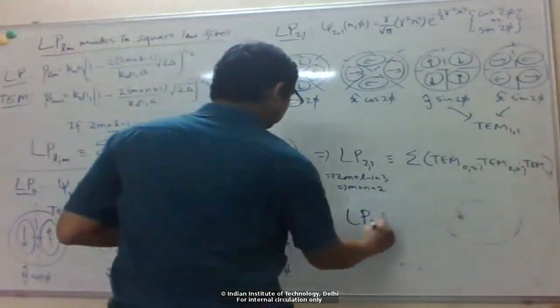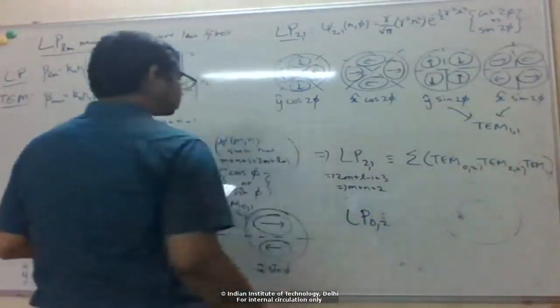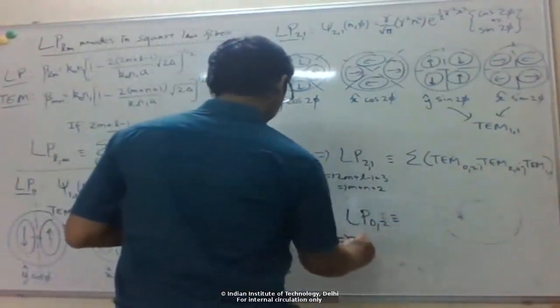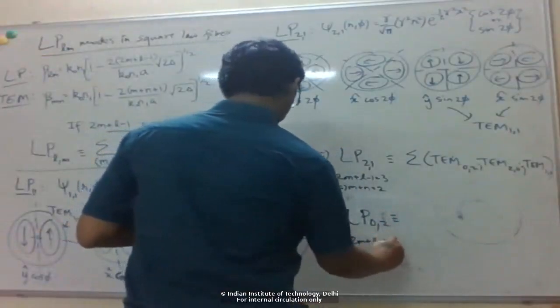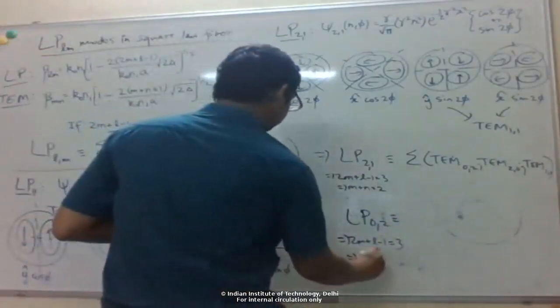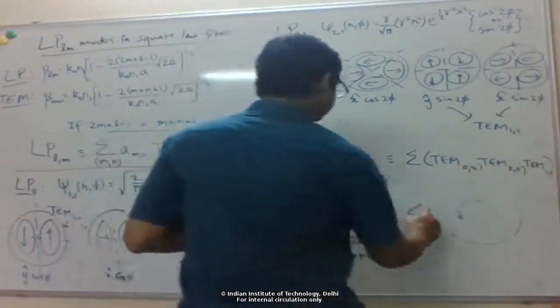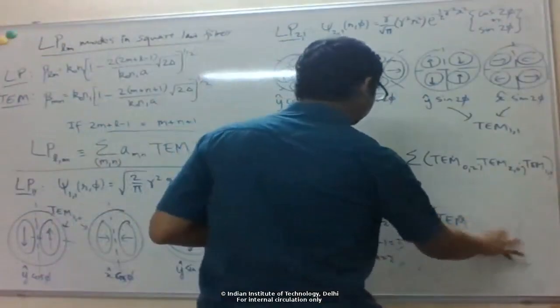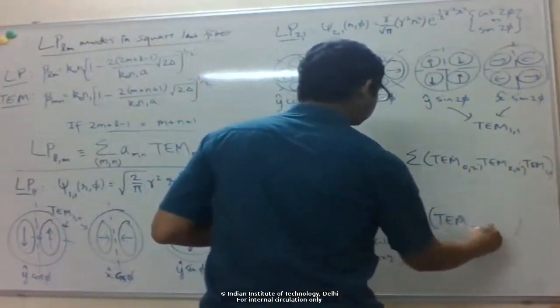Similarly LP02. Again for LP02, 2m plus l minus 1 is 3 again, which means m plus n is again 2. So this will be the same combination, but now of course with different weights.